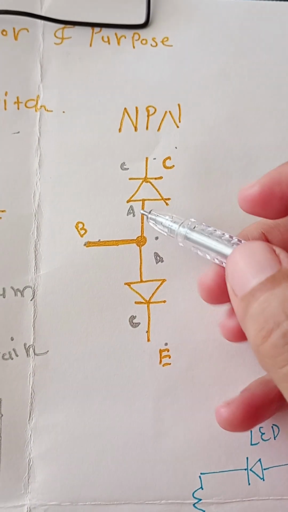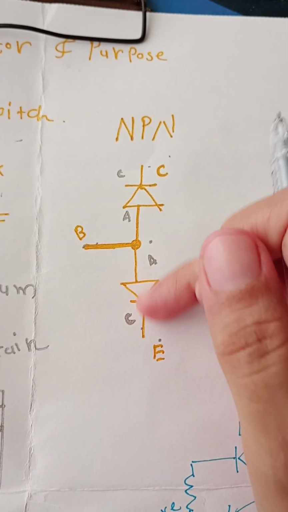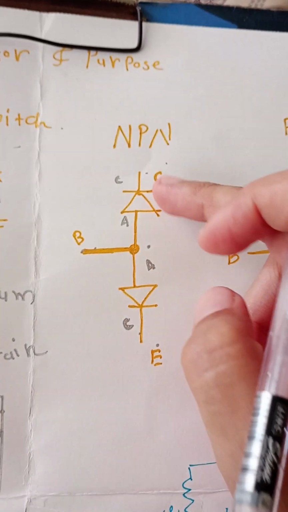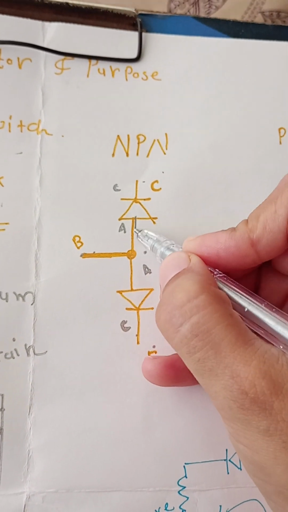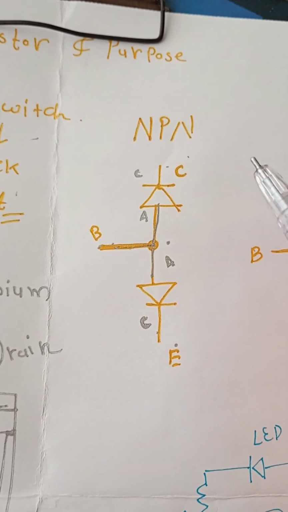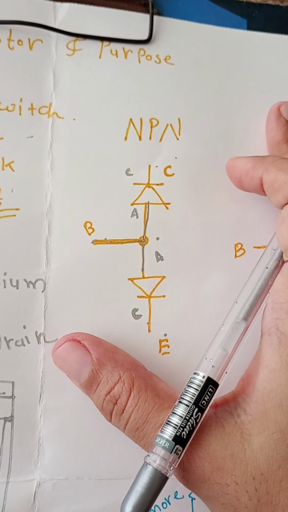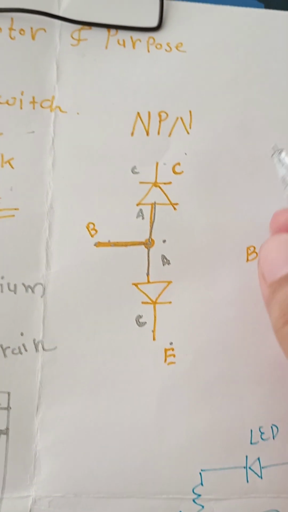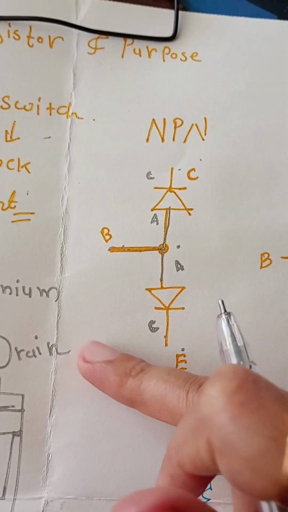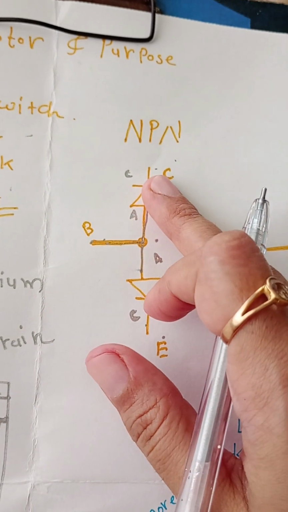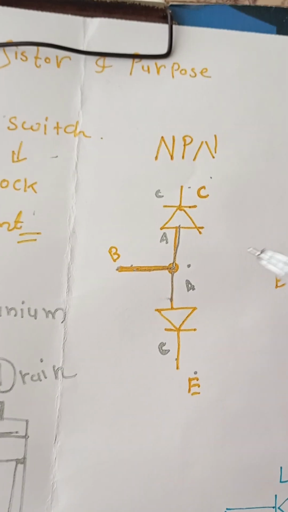Two diodes are connected cathode, then anode, and upside cathode, then anode, and both anode terminals are connected to the base. You just need to understand by this. If you understand this diagram, you can understand the process or working very easily. Now if this becomes forward bias and this a reverse bias, then the current would pass up here. We will see on this diagram too, so from the diagram we understand better.